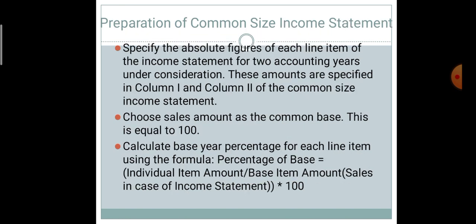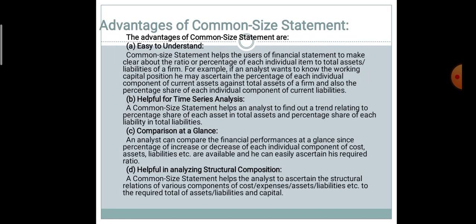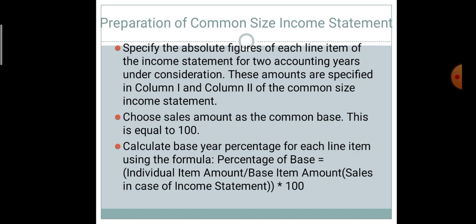In case of preparation of common size income statement, specify the absolute figures of each line item of the income statement for the 2 accounting years under consideration. These amounts are specified in column 1 and column 2 of the common size income statement. Choose sales amount as the common base. Sales amount we will be taking as the common base.